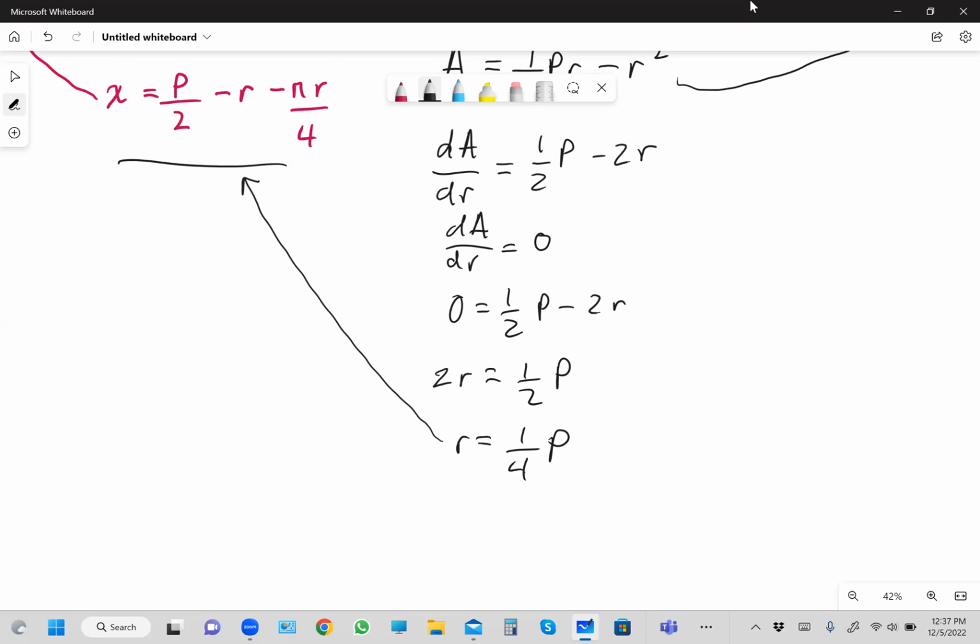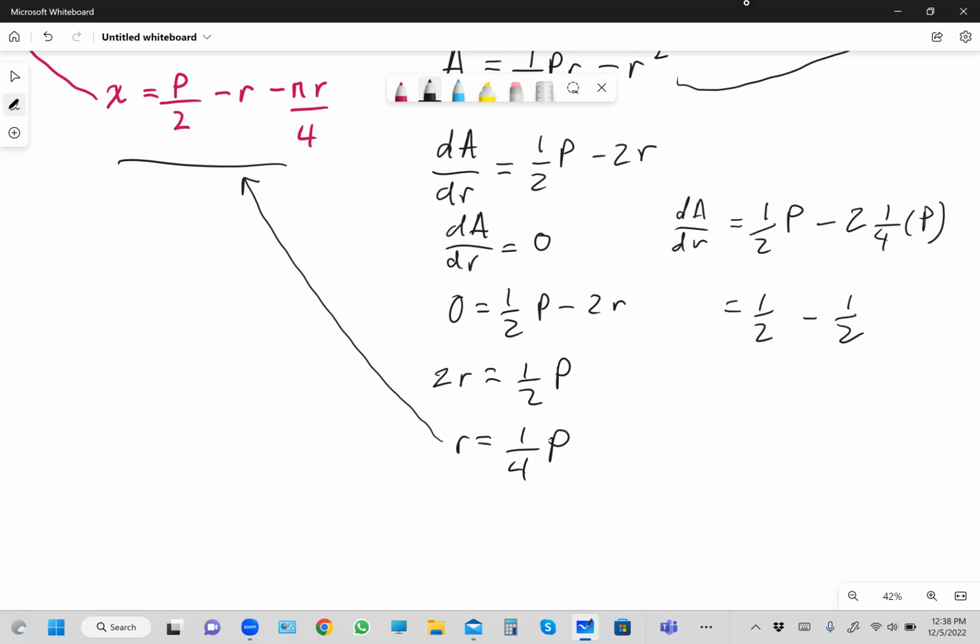Let's just pretend P is 1. So if P is 1, if I substitute this in here, you have half P minus 2 times 1/4 P. That's the problem right there. But let's see what it comes out to. dA/dR, half minus half. Of course, it comes out to 0. That's if P is 1.